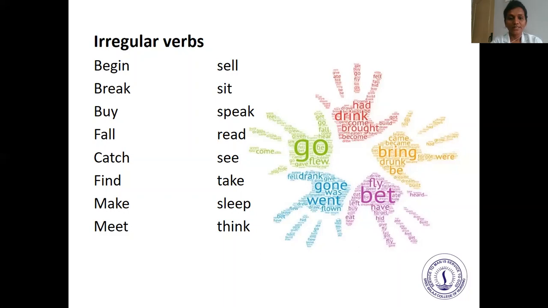And the spelling for read is also R-E-A-D. And see, saw, take, took, sleep, slept, think, thought. So these are some examples of irregular verbs.